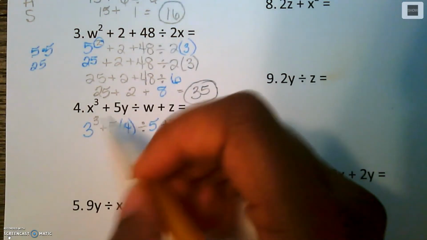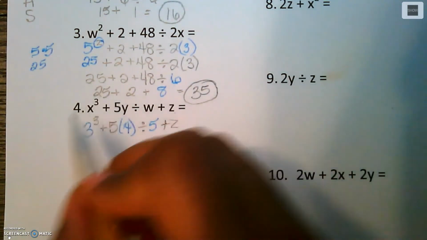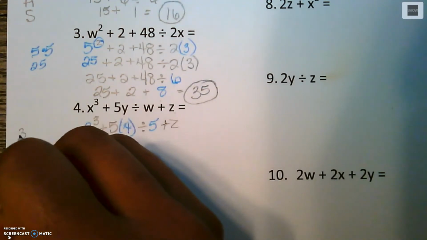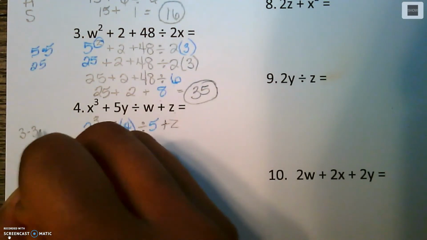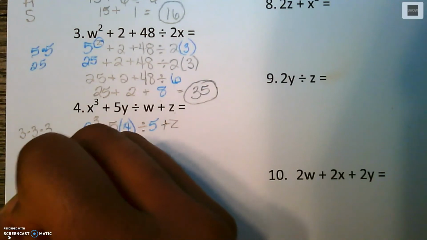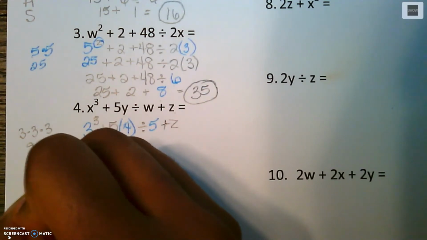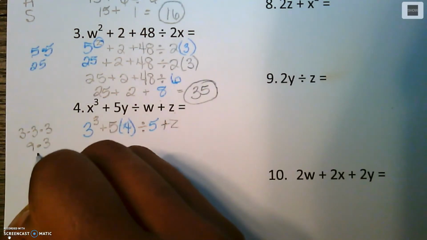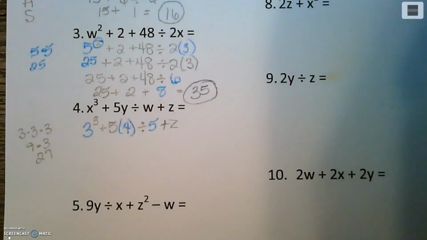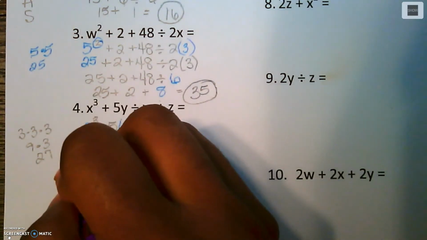The first thing we do is exponents, 3 to the power of 3. So that means I'm multiplying 3 by itself 3 times. So 3 times 3 is 9. 9 times 3 is then 27. So 3 to the power of 3 is 27.